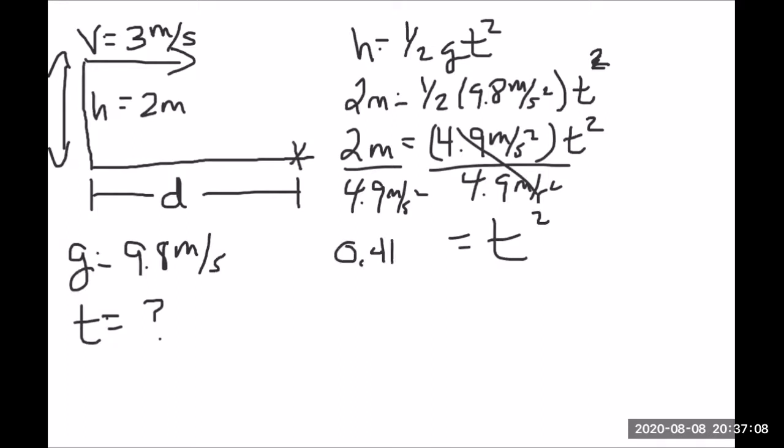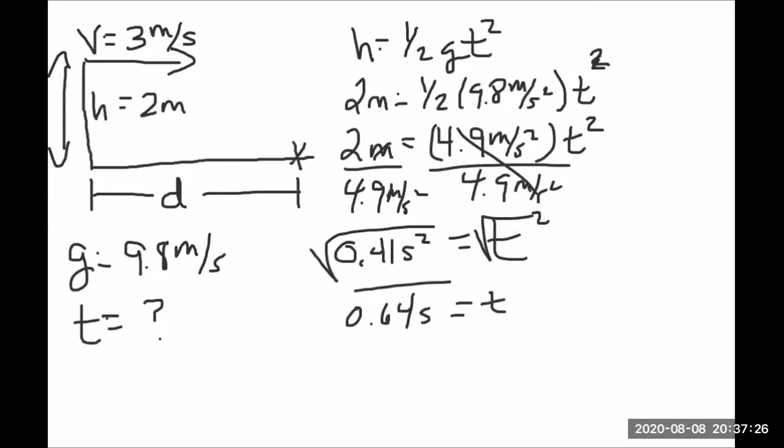My meters cross out, so I'm left with seconds squared. Take the square root of both sides, and my time is 0.6388 or 0.64 seconds. 2 decimal places is plenty. All right, that's my time.